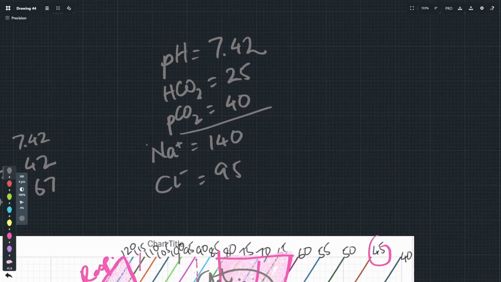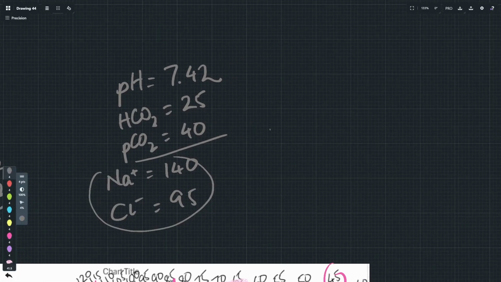Here, we also have these two values, and actually, we can calculate the anion gap from that. I have discussed anion gap previously. I will not do it in this video. So to do so, anion gap is sodium minus chloride minus bicarbonate.